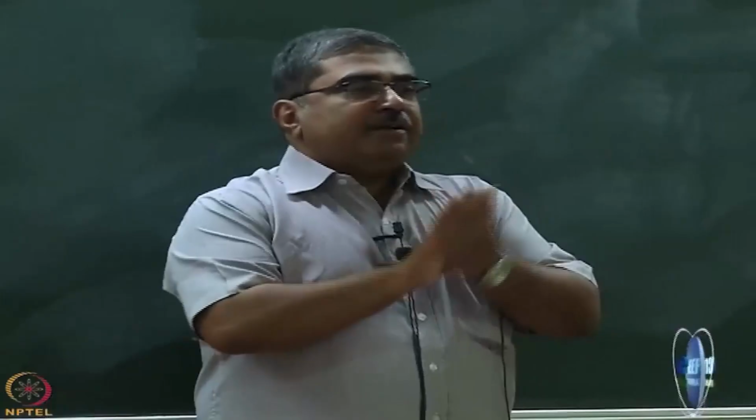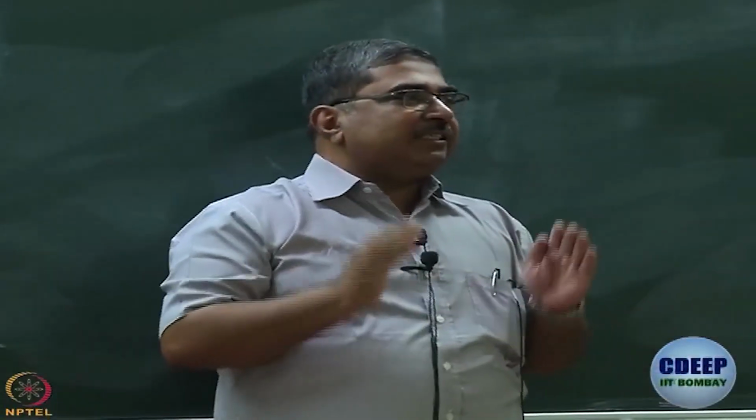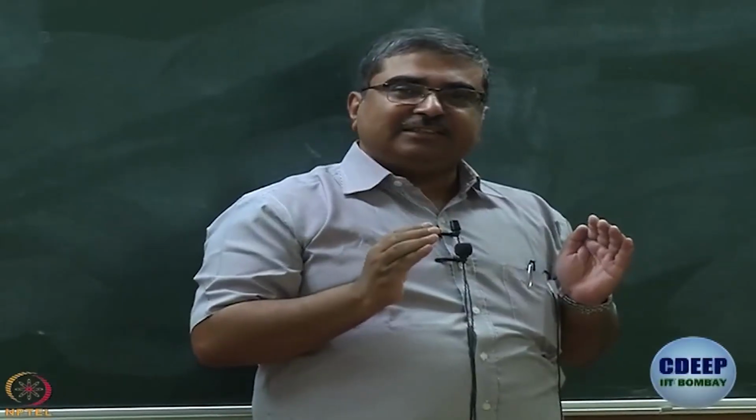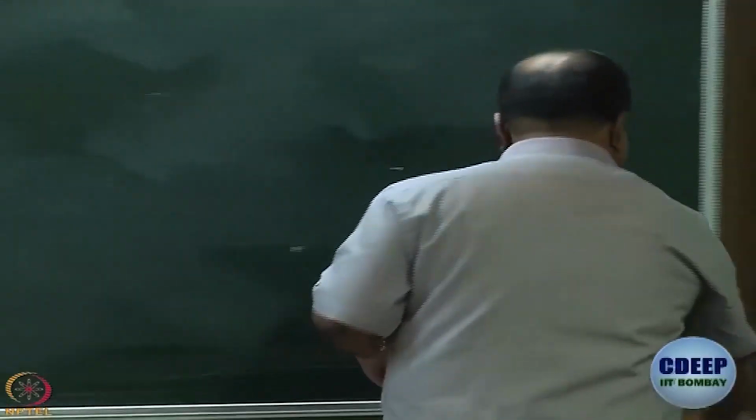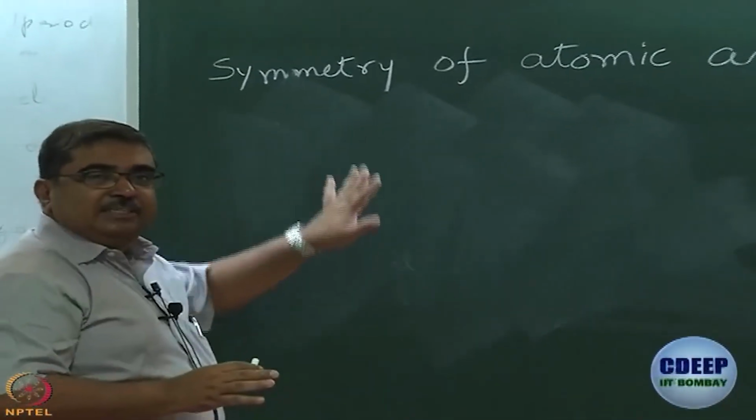So, where we stopped yesterday was these molecular orbitals, right. Let us just quickly see where the molecular orbitals would belong. We have already worked out in the previous class. Let us take a simplistic scheme here.